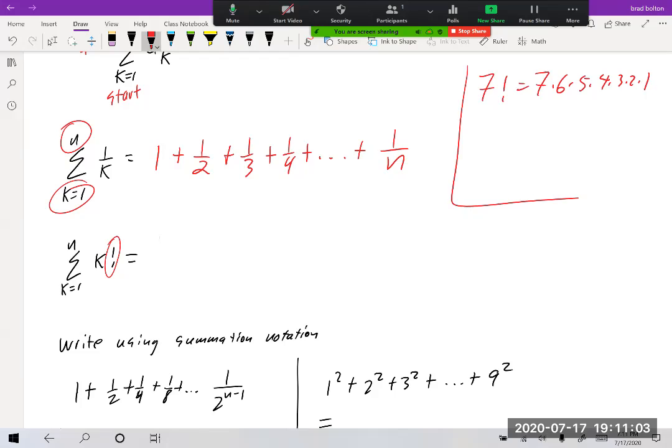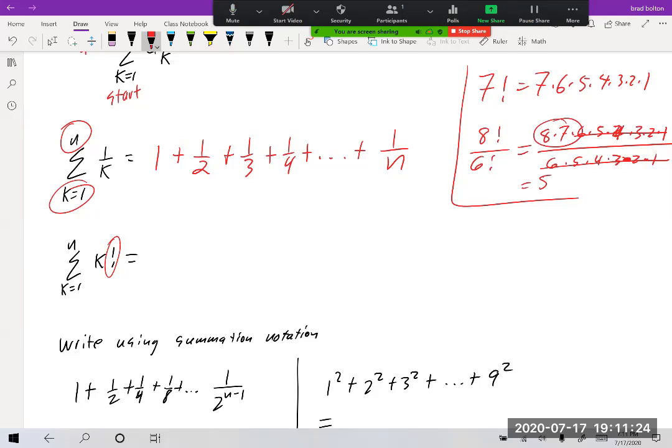Now, if I said 8 factorial divided by 6 factorial, that's 8 times 7 times 6 times 5 times 4 times 3 times 2 times 1 divided by 6 times 5 times 4 times 3 times 2 times 1. So what you do in these cases is you can cancel and you're left with 56. So 8 factorial divided by 6 factorial is just 56. That's all a factorial means: it means to start multiplying by all the factors of the number down to 1, okay?